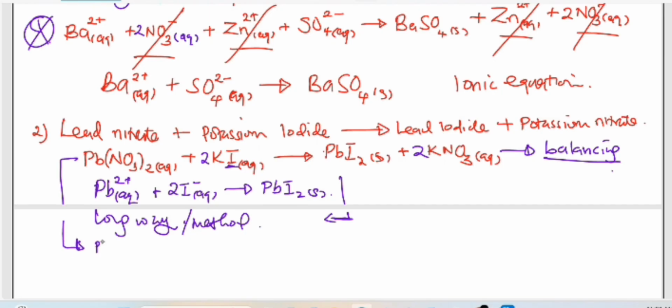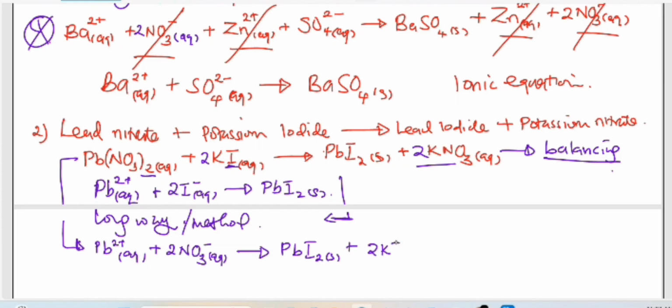So it will be lead aqueous plus 2 nitrates, then you are going to get lead iodide solid plus this one, you break it, it will be 2K positive, it is in aqueous state, plus 2 nitrates.